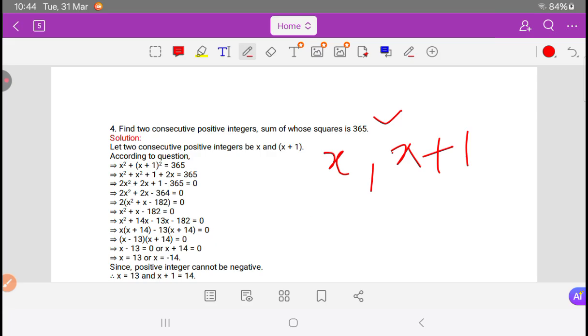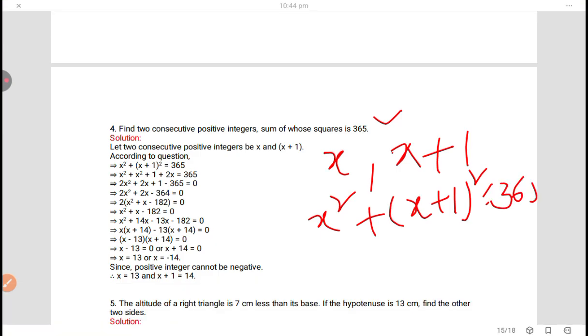So the sum of the squares means x square plus x plus 1 whole square equal to 365, like this. On simplification, you will get this one. Take 2 common from the equation, then you will get this one.